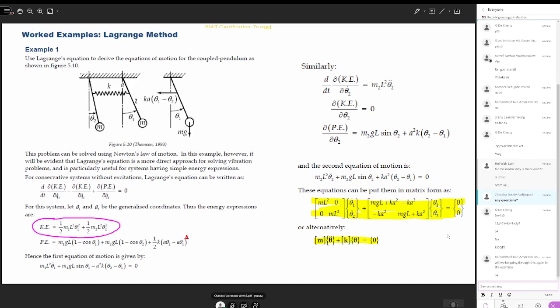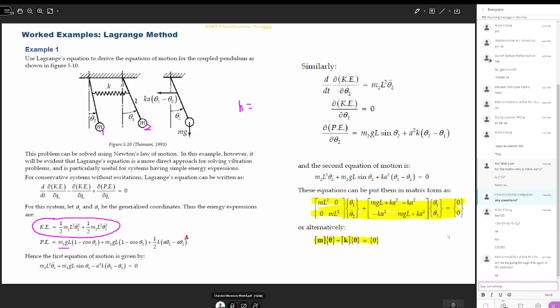Then the potential energy is due both to the gravitational force and to the spring force. For the first mass, we can call them m1 and m2. The gravitational force is the weight m1g, into h, so you need to write mgh. Here h is the height when you have angular displacement theta 1 or theta 2.